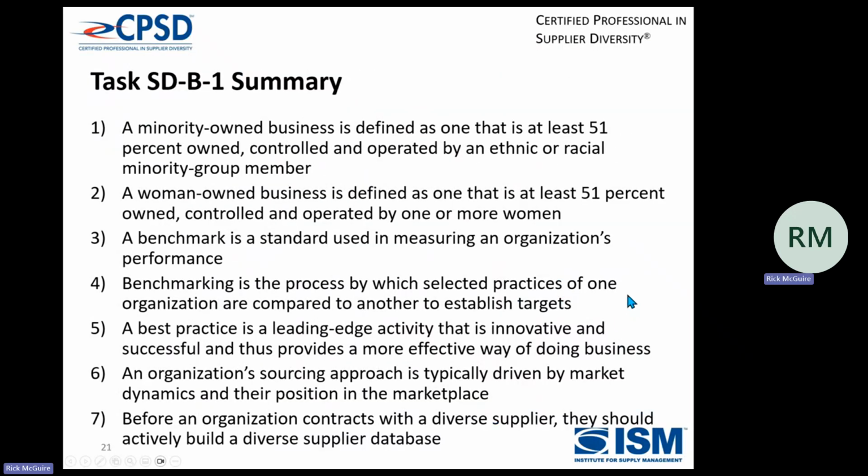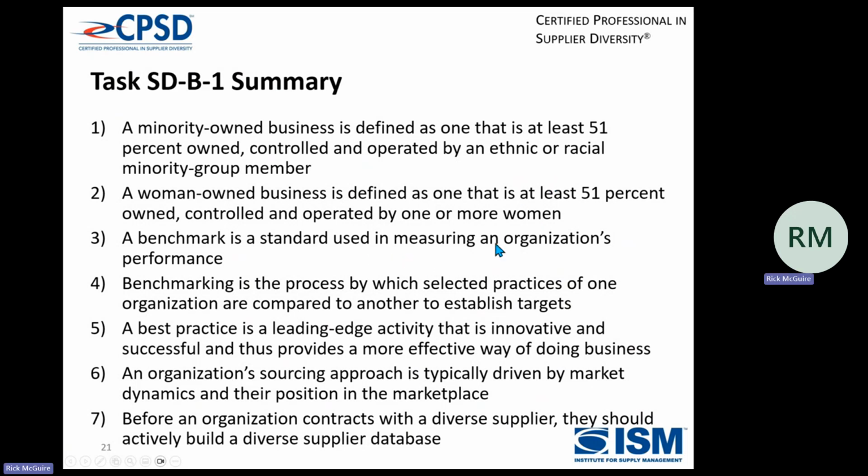Okay, so summary. A minority-owned business is defined as one that is at least 51% owned, controlled, and operated by an ethnic or racial minority group member. A woman-owned business is the same thing, 51% controlled by one or more women.